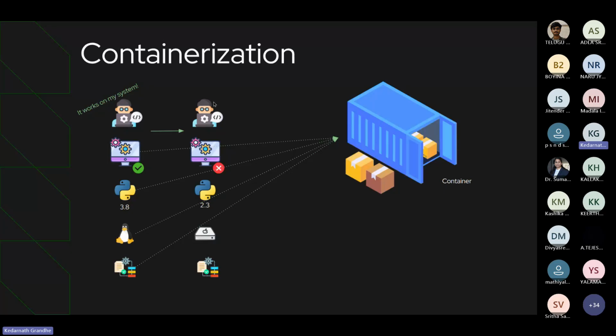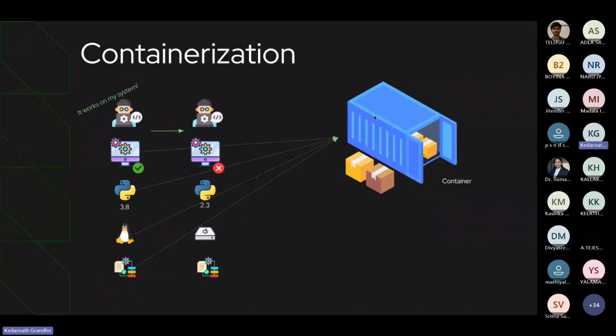So when the tester wants to test it, he will just take this box and run it. When you run it from this box, you basically have all of these. It's not dependent on what operating system or what configurations the tester's laptop or system is using.